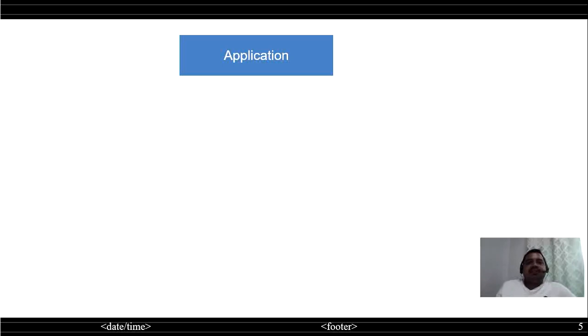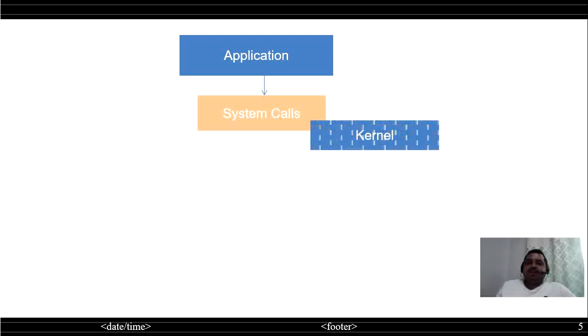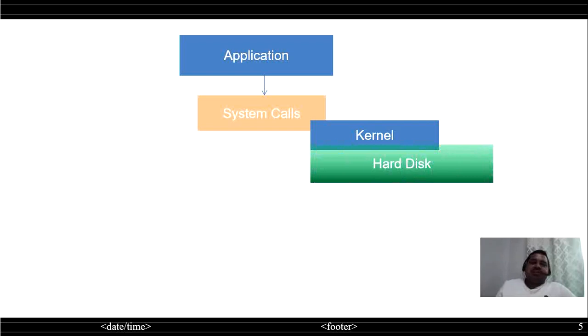Consider we have a user application, and if it needs to do any sort of activity, it has to use the system calls. As we saw earlier, system calls are basically part of the kernel. You can see it is mentioned here as part of the kernel, and this kernel is normally saved into a hard drive.